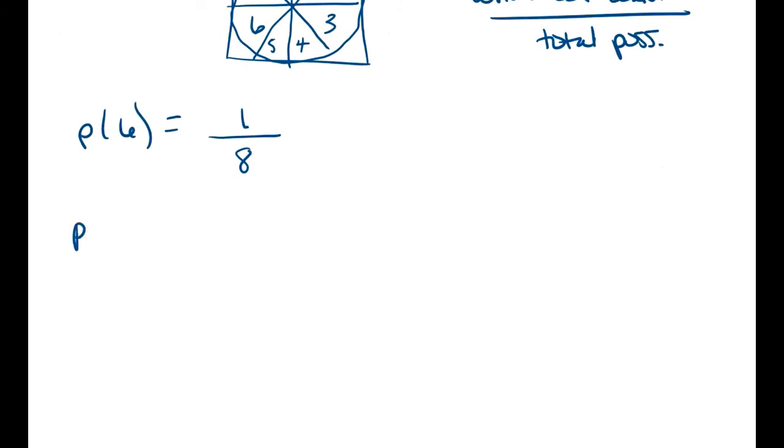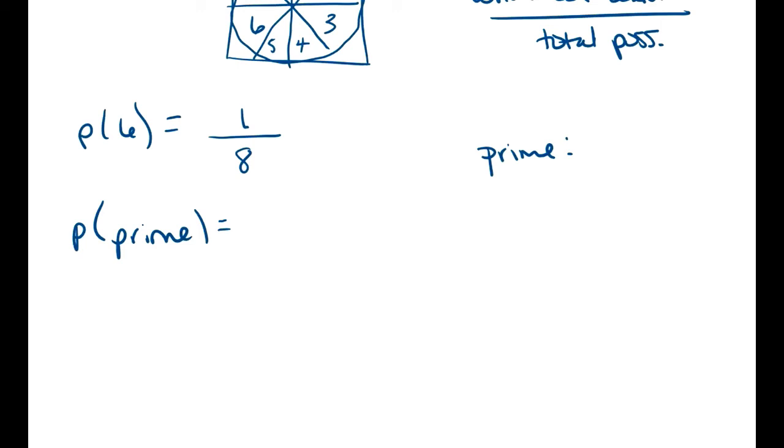What if we wanted to know the probability of spinning and landing on a prime number? Who remembers what a prime number is? All right, this is a good review. People often want to include 1 as a prime, but actually 1 is this weird exception, and 1 is not a prime number.